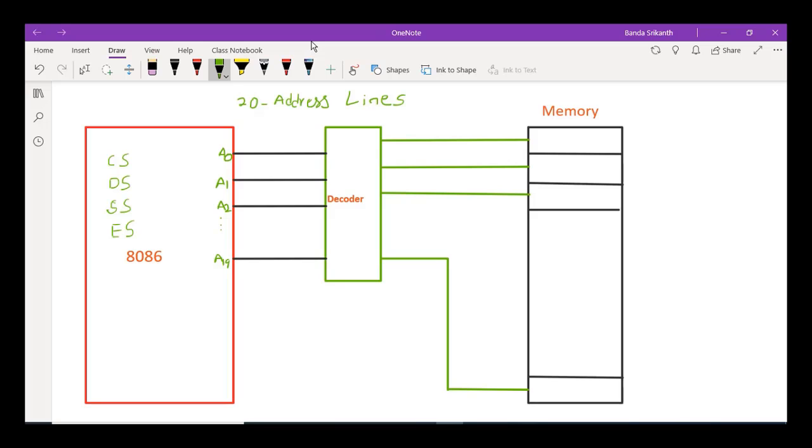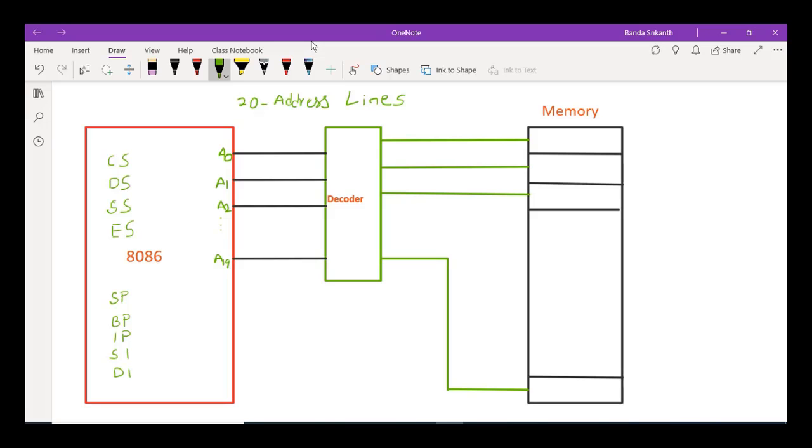Similarly, we have other special purpose registers: stack pointer, base pointer, instruction pointer, source index, and destination index.